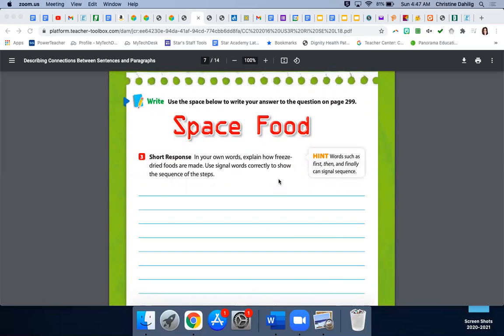In your own words, explain how freeze-dried foods are made. Use signal words correctly to show the sequence of the steps. So again, we are looking at words such as first, then, and finally to help you in your organization. Okay, friends, we are going to come back together for any last minute questions.